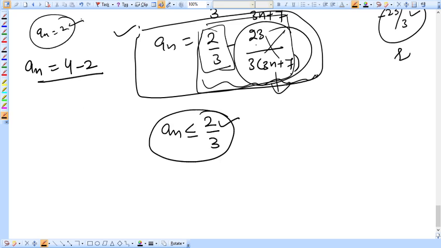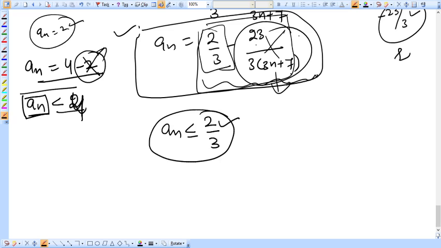If I remove this minus 2 from here, this a_n, which is equal to 2, will obviously be lesser than 4.